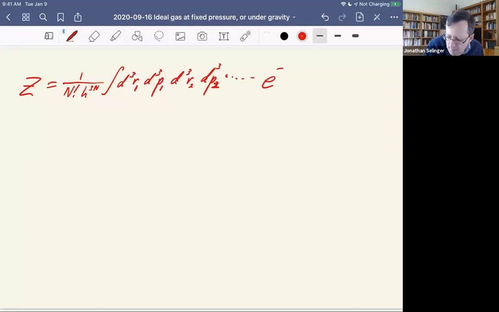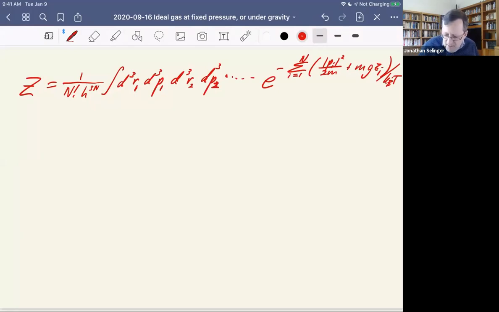So it's minus this sum over all the molecules of the pi squared over 2m plus mg Zi all over kT.